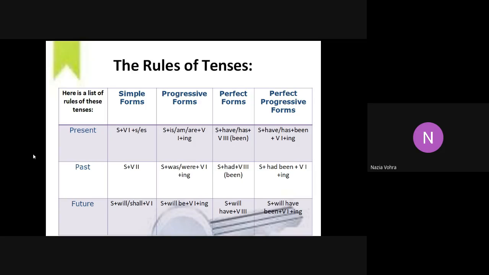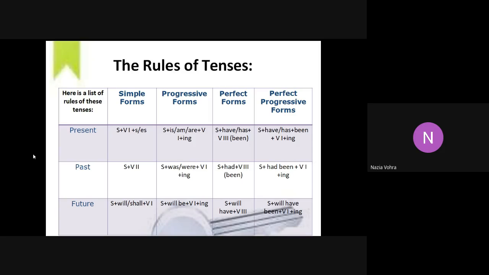Over here we are in a progressive tense. The activity is ongoing. It has not finished. So we will always have an ing with the verb.